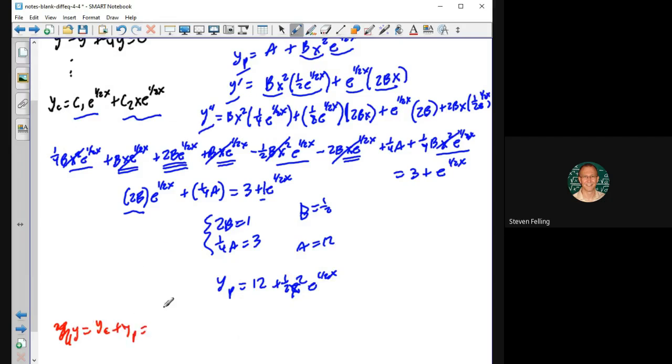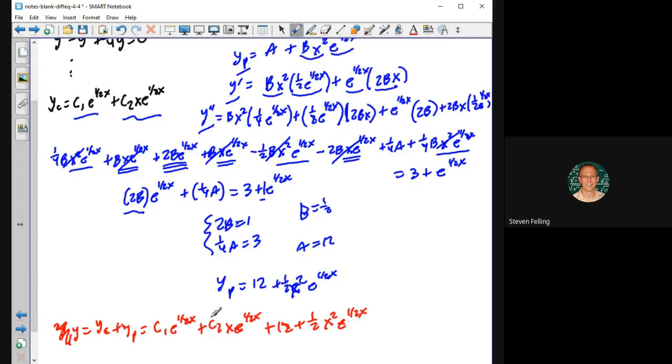So we're going to have the c terms, c1 e to the 1/2 x plus c2 x e to the 1/2 x plus 12 plus 1/2 x squared e to the 1/2 x. So there is our full solution. And there's still two constants left, but we can't establish those unless we have an initial condition. Okay, so that's how that would look.